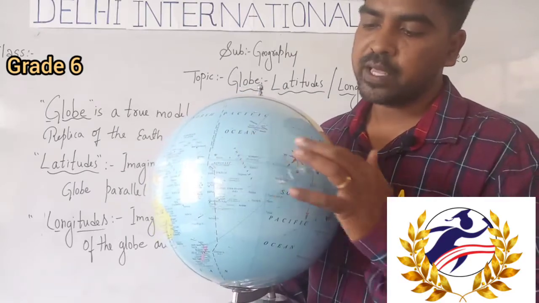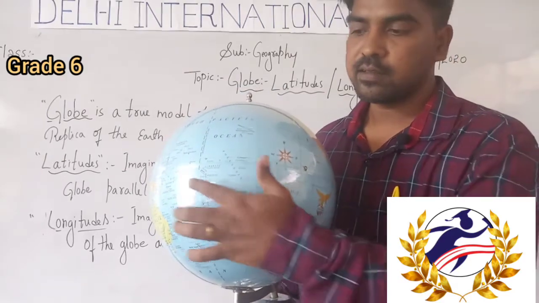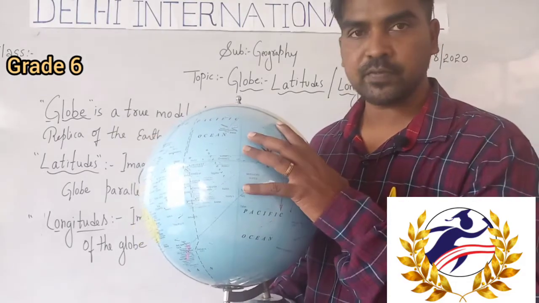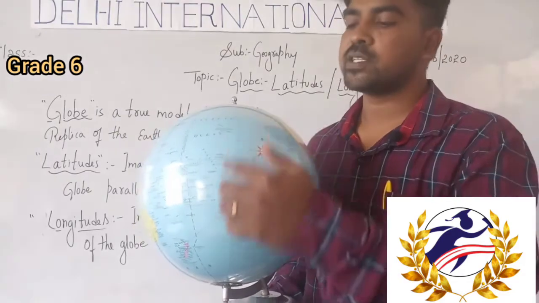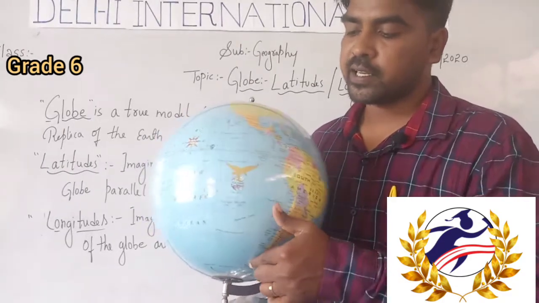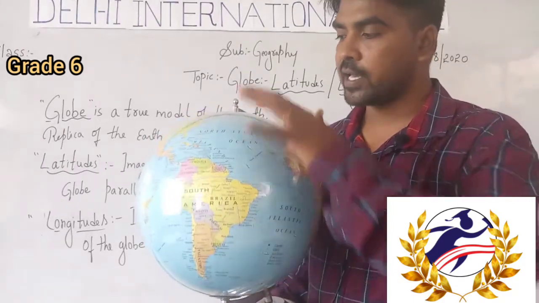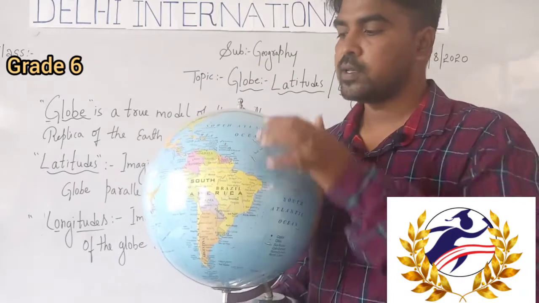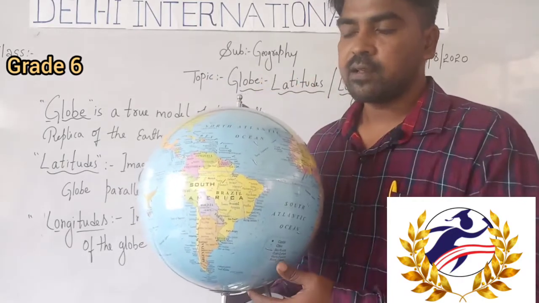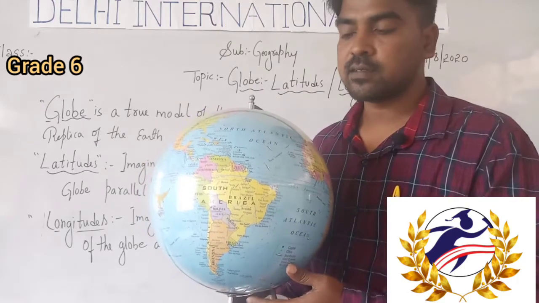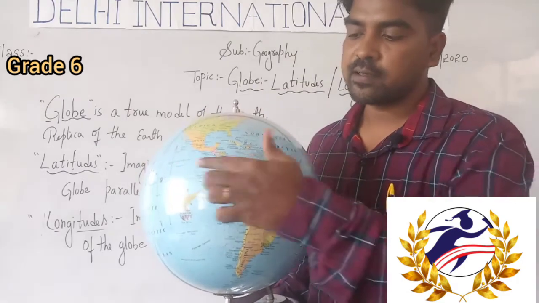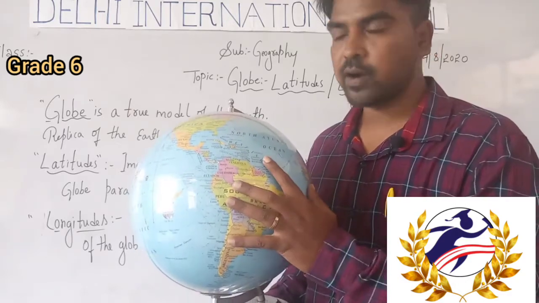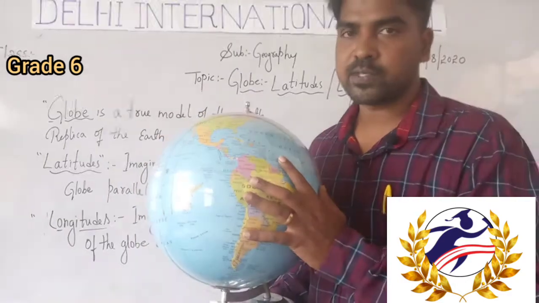We have many imaginary lines drawn horizontally on the surface of the globe, and some imaginary lines drawn vertically from north pole to the south pole. These vertical lines are known as the longitudes and the horizontal lines on the surface of the globe are called the latitudes.